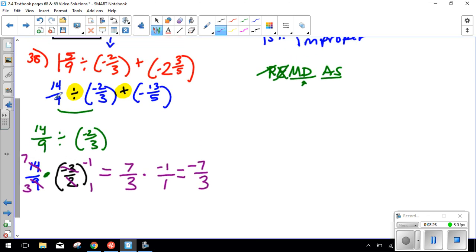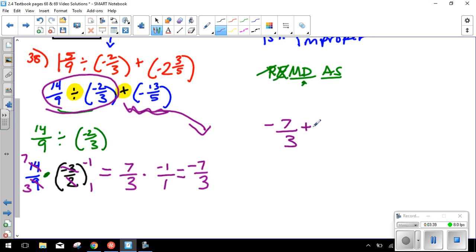Okay, so keeping an eye on the original problem, that's the solution to this part here. Now I'm going to take this portion and bring it down. So now I take negative 7 over 3, and I'm going to add to it negative 13 over 5. So what I'd like to do from here is find a common denominator.